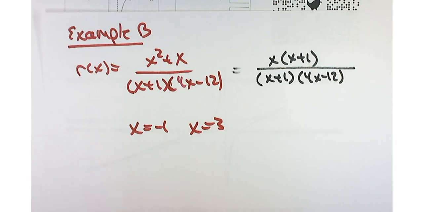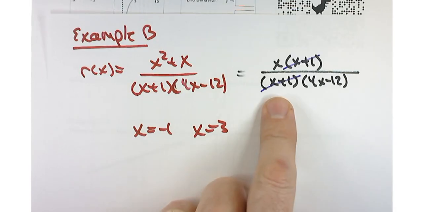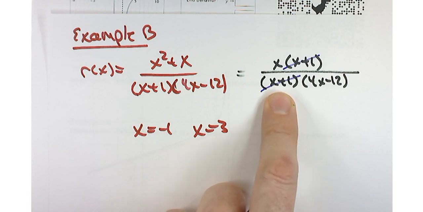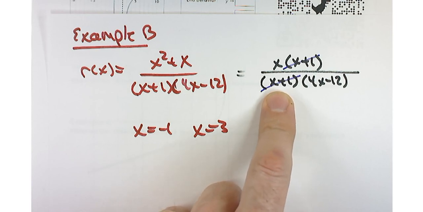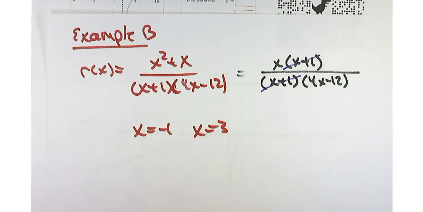What does it look like it's so tempting to do? Cancel those. Now, before you cancel these, x equal -1 is still not part of the domain. You can't use that because you'd be dividing 0 into something. In this case, you'd be dividing 0 by 0, but that's still undefined.